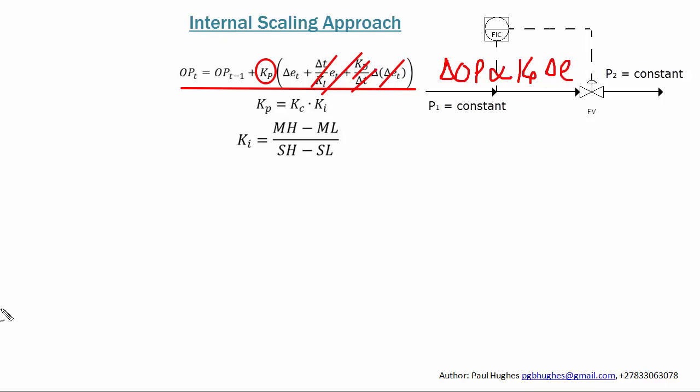So let's assume we have a flow transmitter which is ranged from 0 to 500 cubes an hour, and the output is in percent because it's going to a valve.